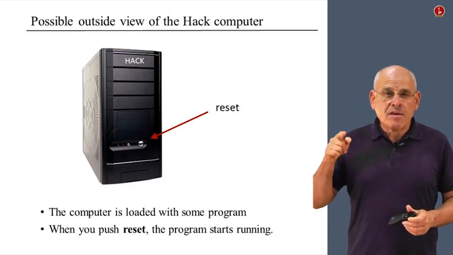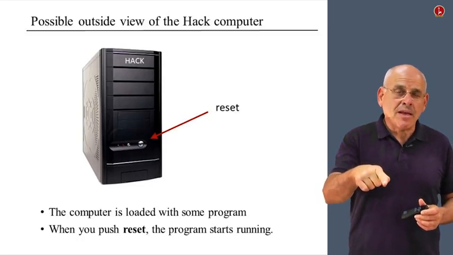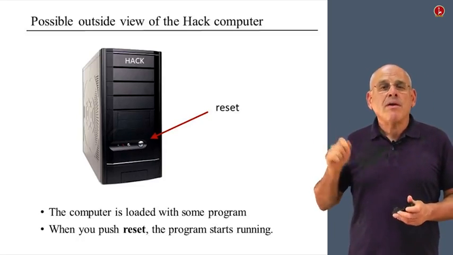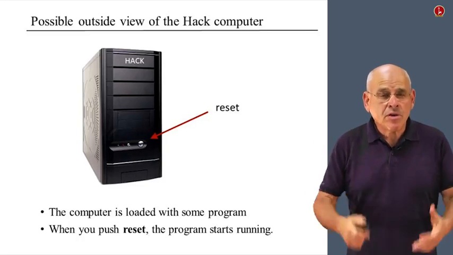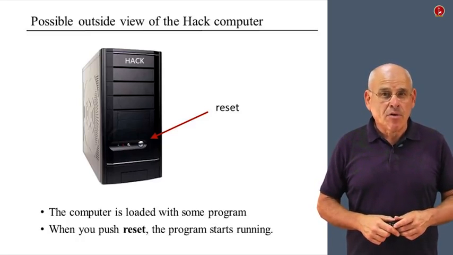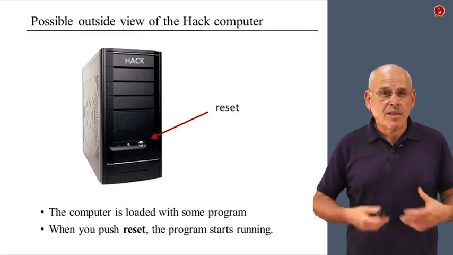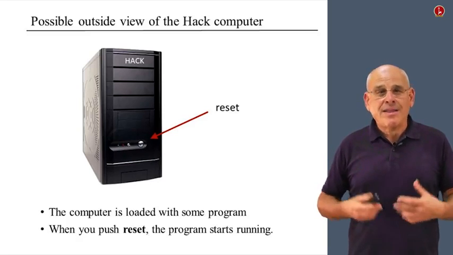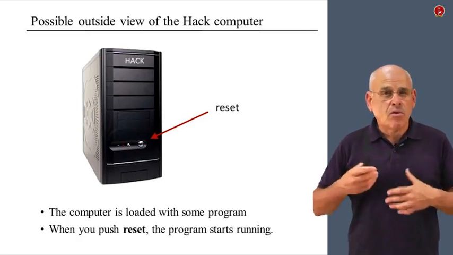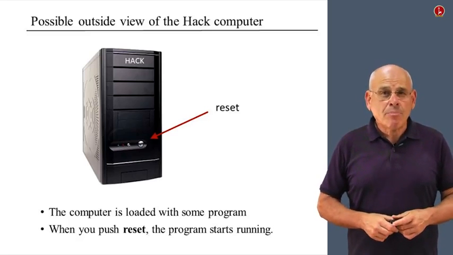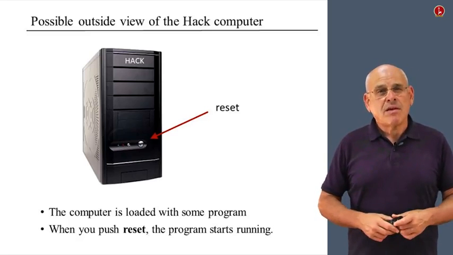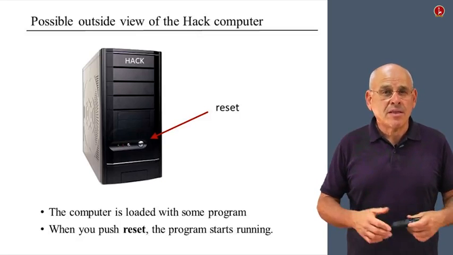Well, if you take your finger and push this reset button in and let go, what will happen is that the computer will start running the current program. You look at whatever comes out of this computer, and in a few minutes you will see that we can attach a screen to it and a keyboard. You look at the program's execution, and at some point you decide to reset the computer or rerun the same program again.